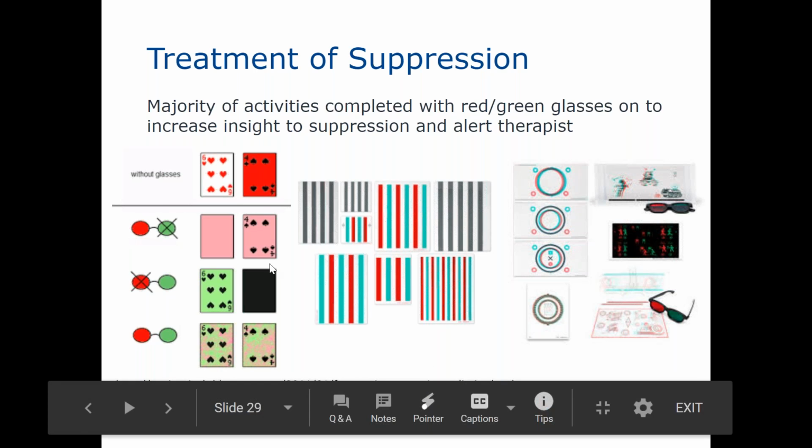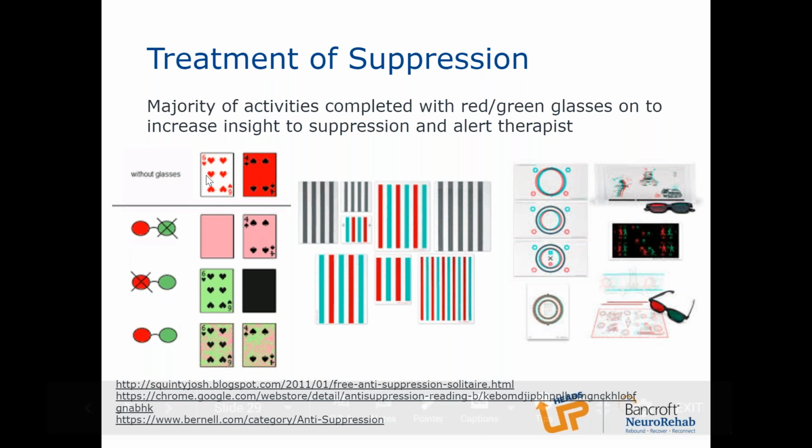So again, lots of different things we can do. It's mostly with these red-green filters. One cool thing that I really like, there's these red-green playing cards. It's nice because you can really engage them in just about any card game they'd want to play. Essentially, if you're looking at them without the glasses, it's going to look like that top picture.